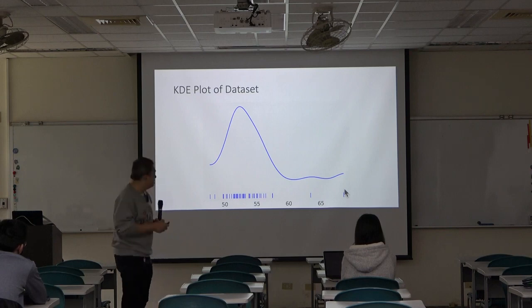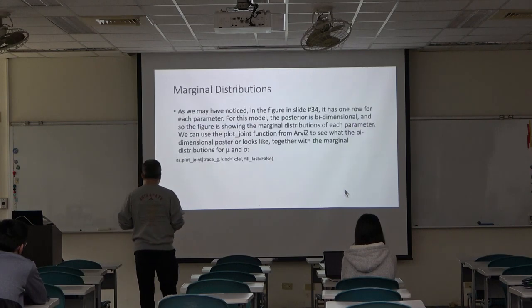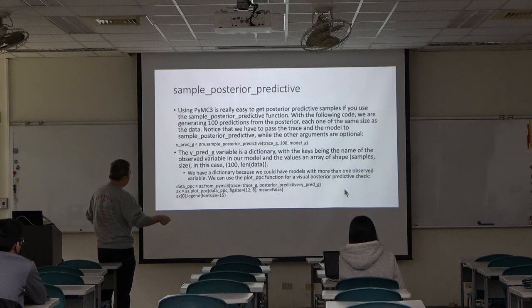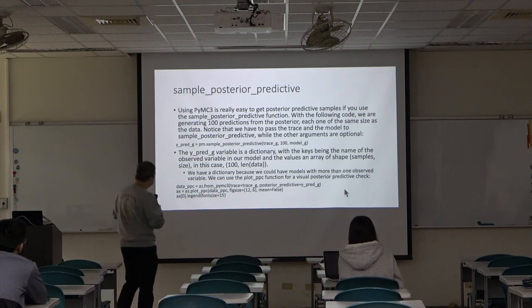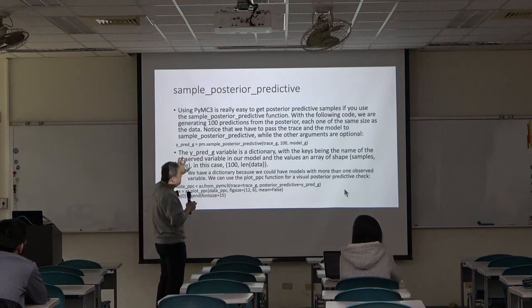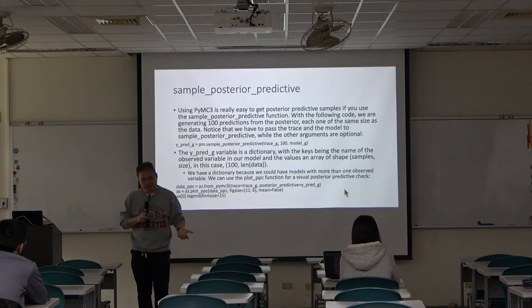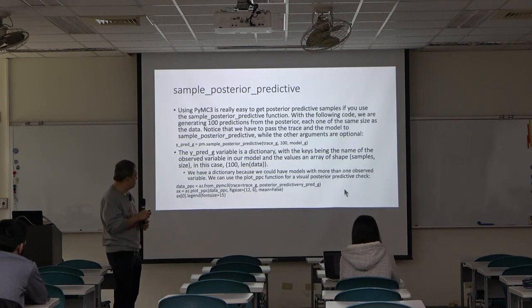That is why the posterior predictive check function generates this dictionary type of variable, which is able to accommodate the problem you are dealing with if it happens to be multidimensional.